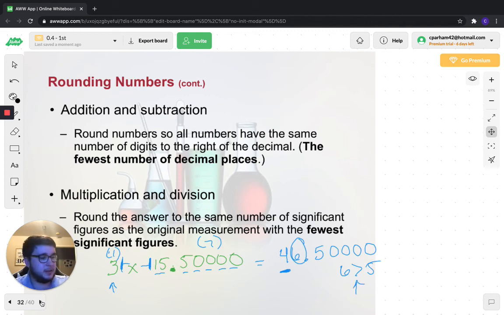And so my final answer would actually be just 50. It has 1 significant figure, which is exactly what I need. So adding and subtracting, look at decimal places. Multiplying and dividing, look at significant figures. Okay, those are the rules.